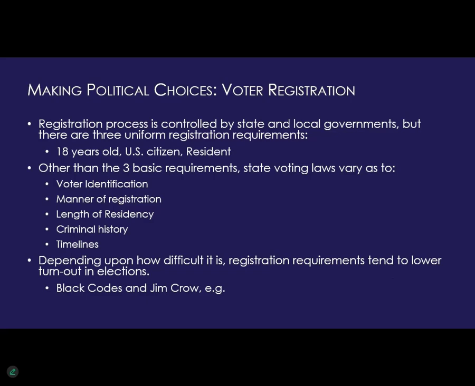And then we also studied the Voting Rights Act and how it was effective in removing some of those restrictions and subsequently greatly increased voter turnout among African Americans. High voter turnout, though, is the goal of any democratic government.